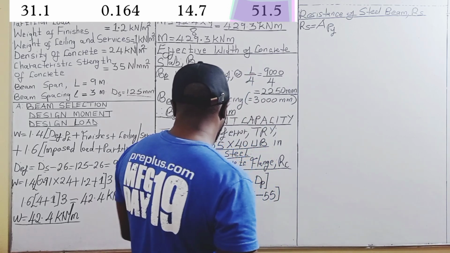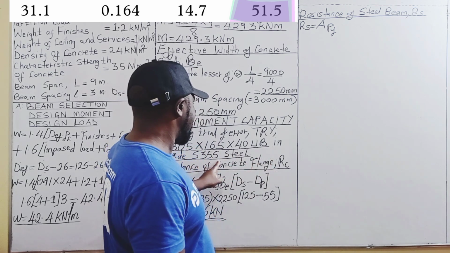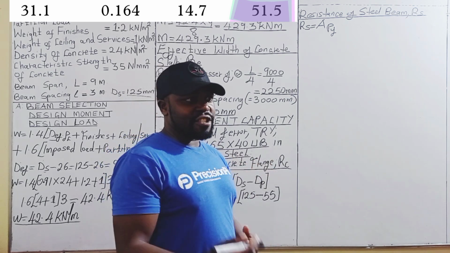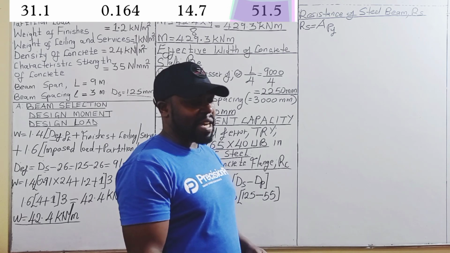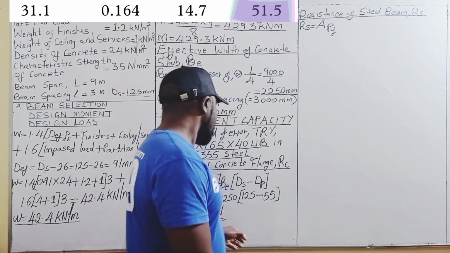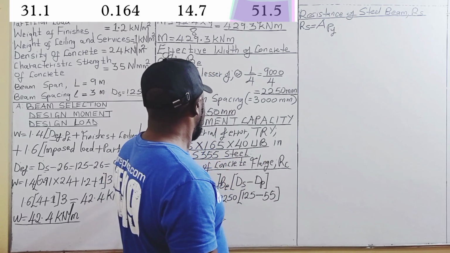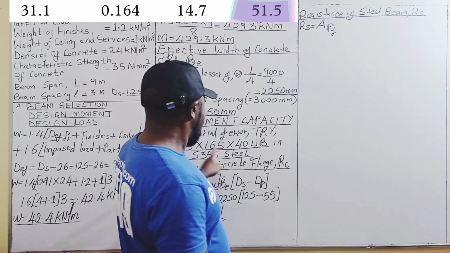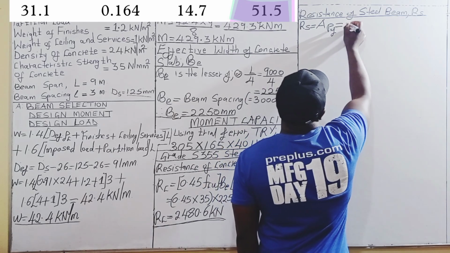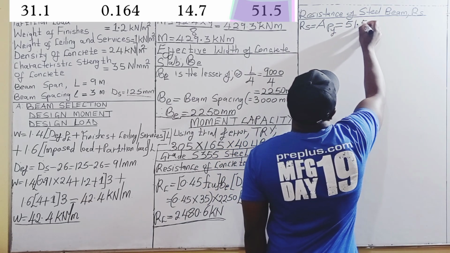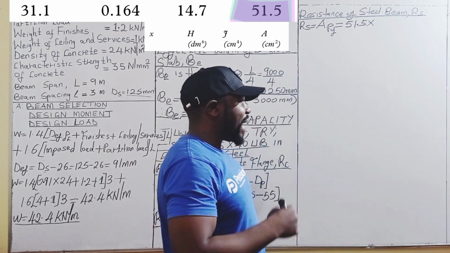Since the steel section we have selected is in grade S355, the design strength of this steel is going to be 355 newtons per square millimeters. Therefore, from Appendix B of the BS 5950, the area of this universal beam section is 51.5 square centimeters.